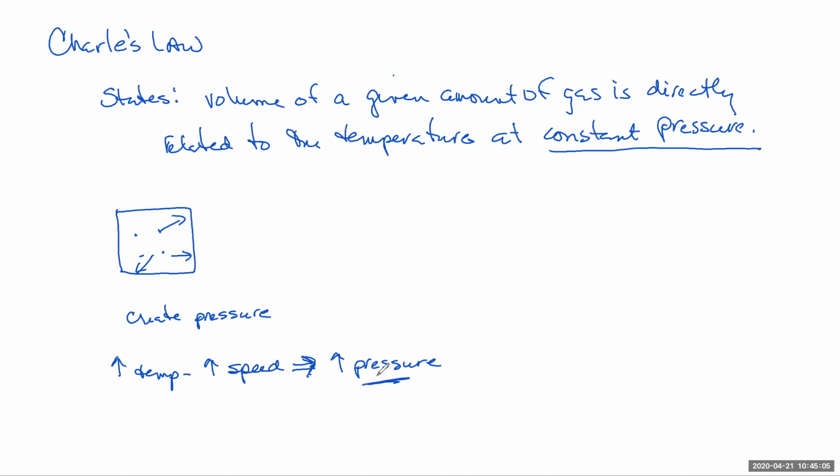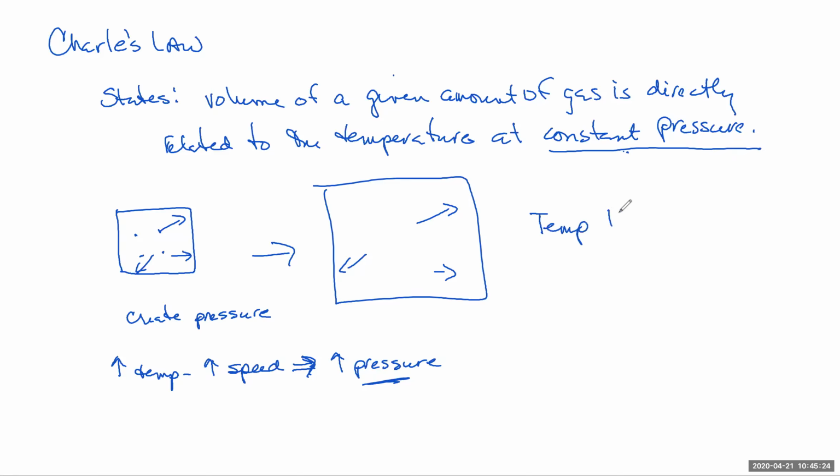So how can I make the pressure not go up? I have to make the volume bigger so that my collision rate is going to keep me at a constant pressure. So in order to keep constant pressure, the volume has to go up. So what that means is if temperature goes up, volume must also go up to keep pressure constant.